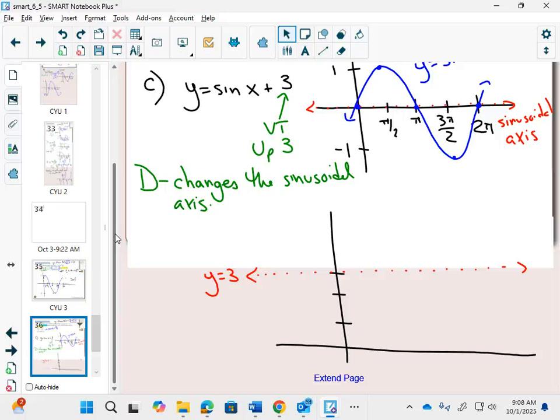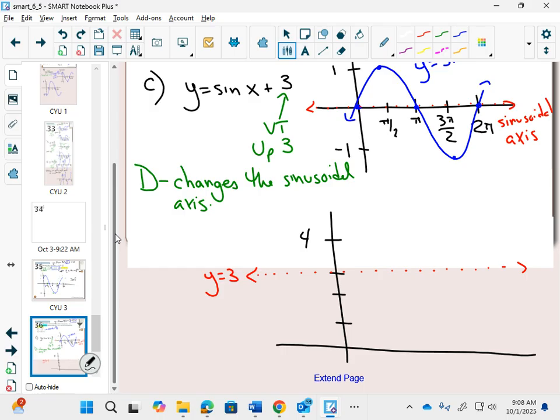Y equals 3. Now, your A value tells you your amplitude, and your amplitude is the distance from your middle line to a max and to a min. So if our sinusoidal axis is at 3 and our amplitude is still 1, does it make sense that by shifting this up 3 units, you now would have a maximum at 4?